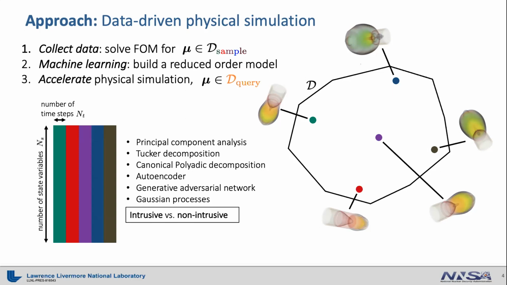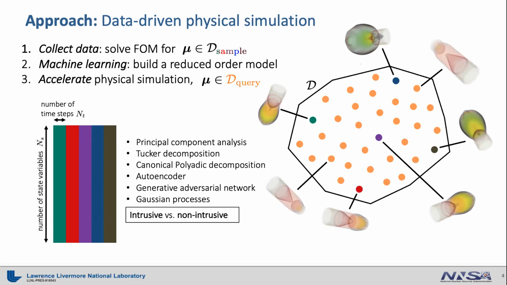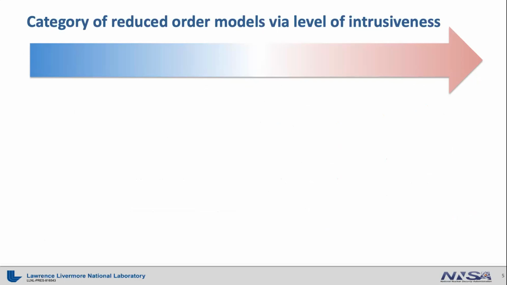But once the reduced order model is built, you can accelerate simulations and predict the solution at various query points here and there, and many more points which you have not used in the training phase. So it is obvious that a reduced order model is useful for fast prediction calculation.